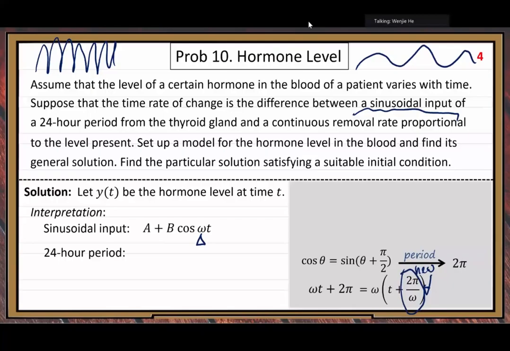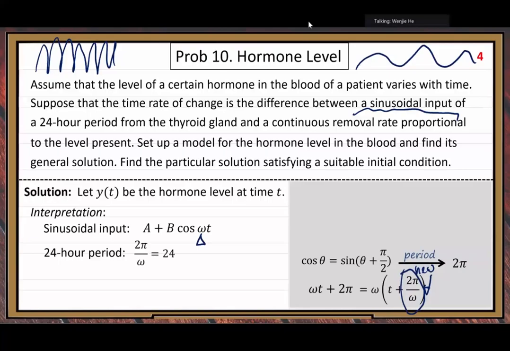So this is the new period. The new period is given, it's 24 hours. The number is given.